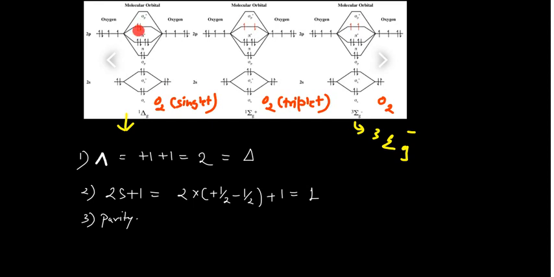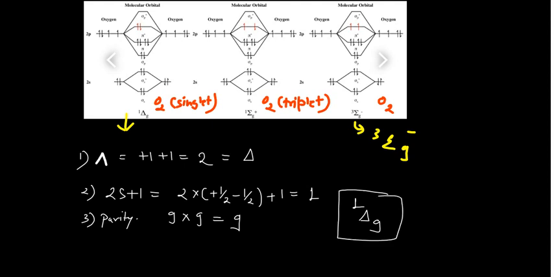So you can put g for the first electron, g for the second electron, and g multiplied by g equals g. When it is g, you can write delta g with superscript 1. So this is the molecular term symbol.